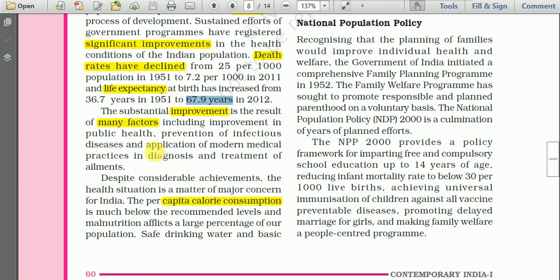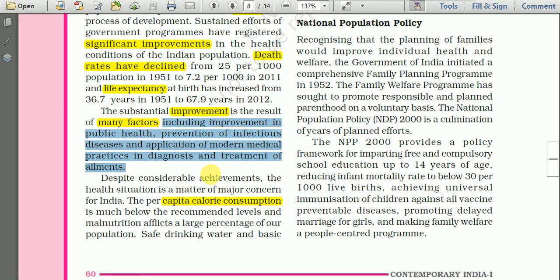So the substantial improvement is the result of many factors. We have learned that there has been a significant improvement in the health condition, and this improvement is the result of many factors, including improvement in public health, prevention of infectious diseases, and application of modern medical practices in diagnosis and treatment of ailments.